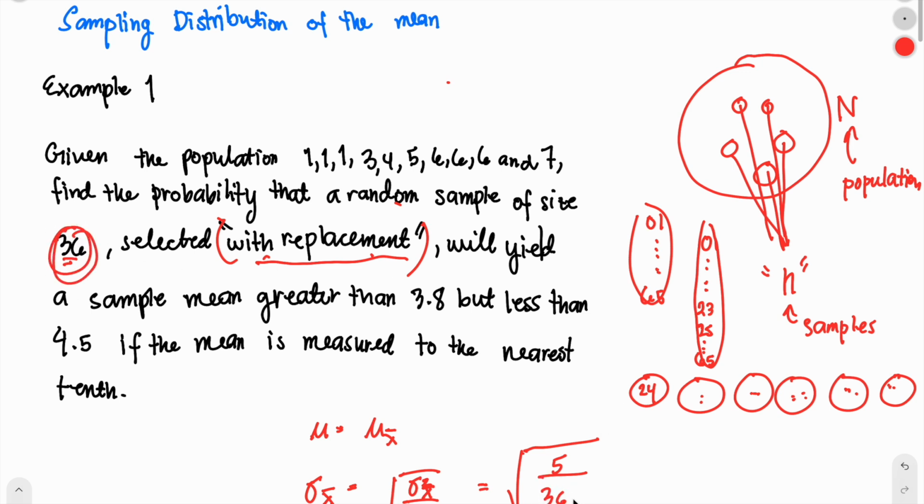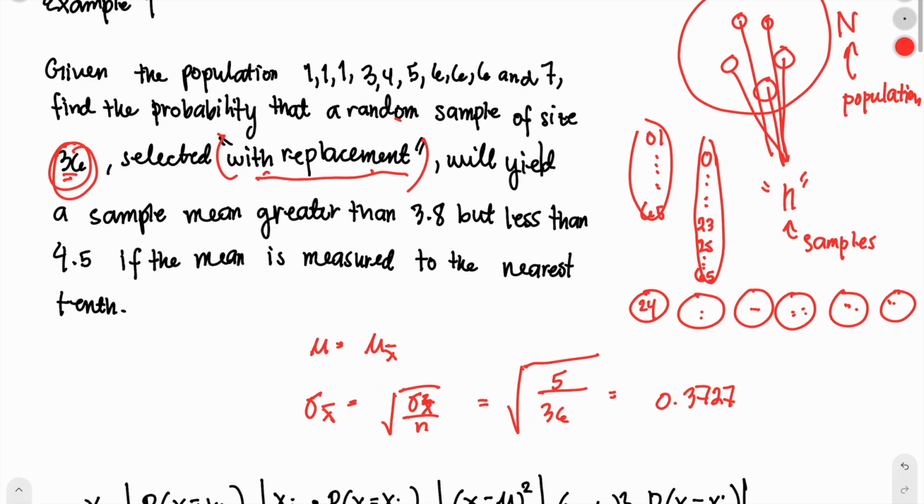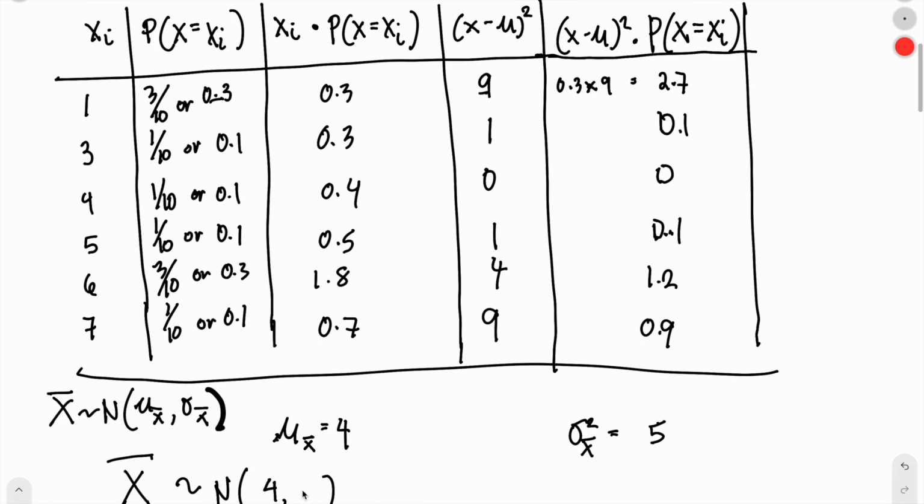So this is the square root of 5 over 36, or 0.3727. And we will go back here. So this is actually 0.3727.